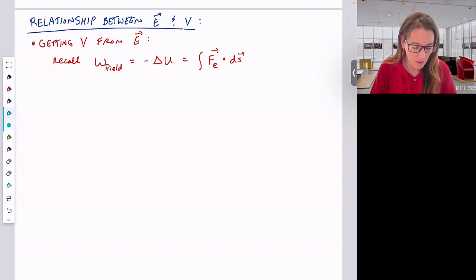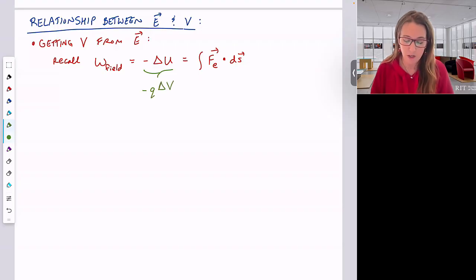And so now we just want to remember that delta U, so this side here, is negative Q, some test charge, times delta V. So we could write that in terms of our Q delta V equation.